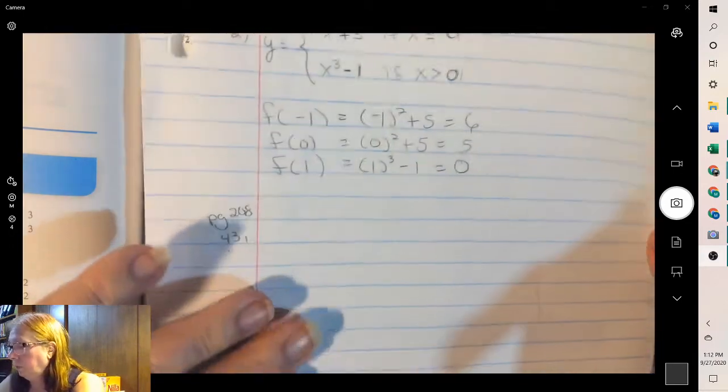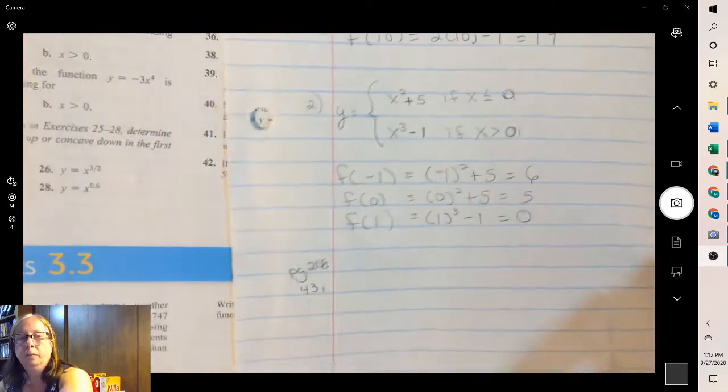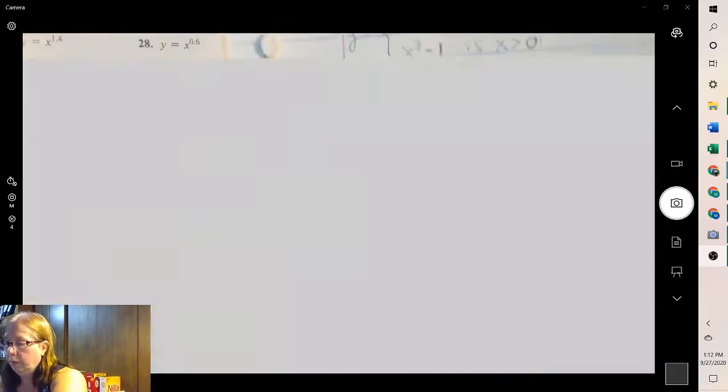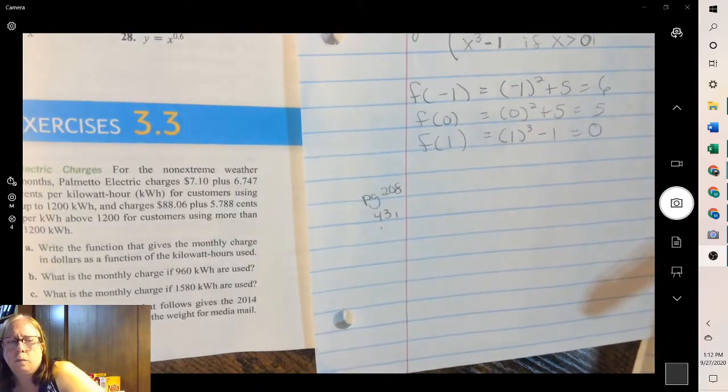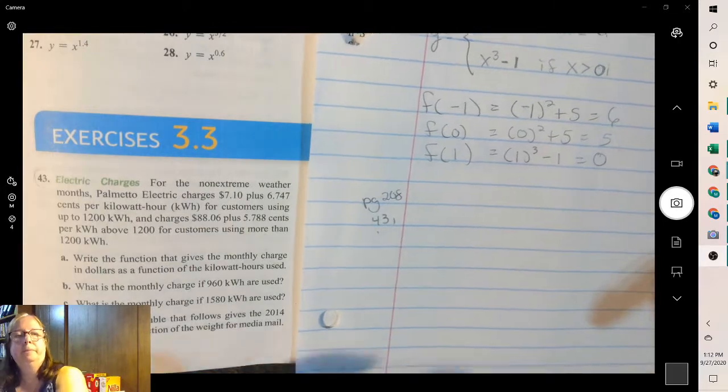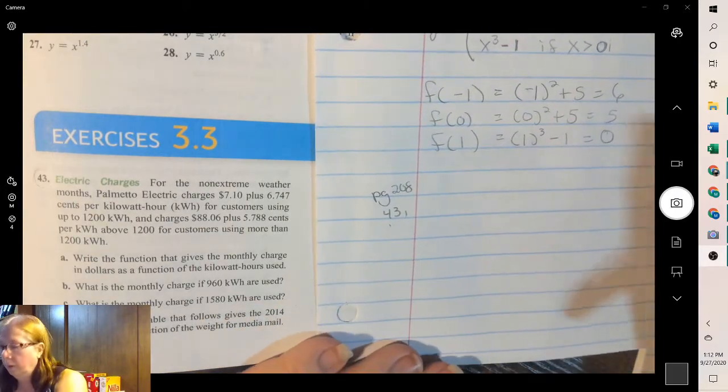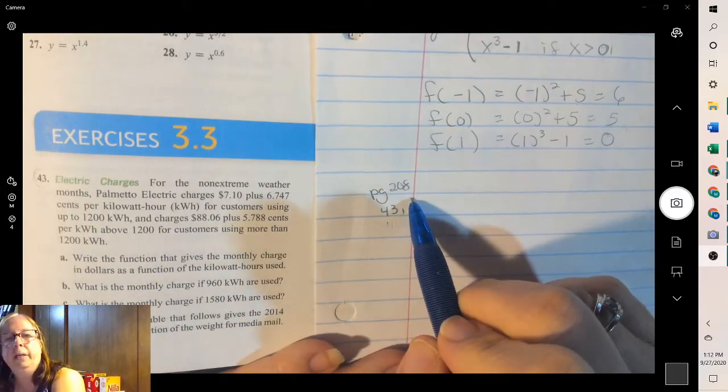Okay, let's try a couple of the story problems. Number 43. Here we go. And this is on page 208.